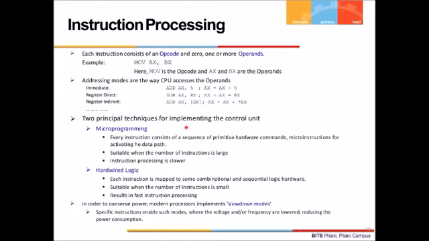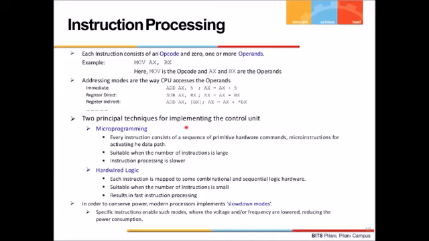There are small micro codes, and each instruction is translated to such micro codes through a table. This is suitable when the number of instructions is very large and the length of the instructions varies. Here instruction processing is slower because it goes through a lookup table approach.